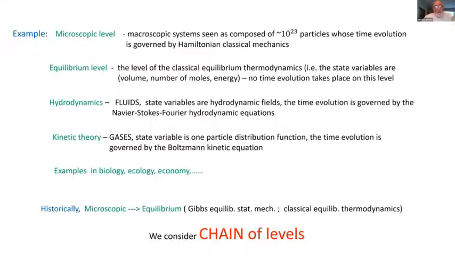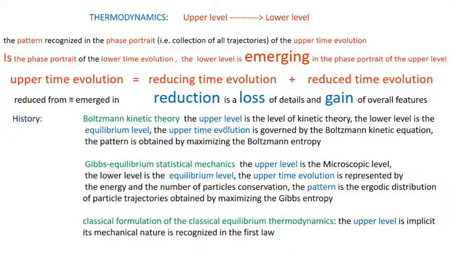The level towards the most microscopic somehow doesn't have an end, because we can go to particles, quantum mechanics, quarks, I don't know. So that's a chain of levels. Thermodynamics, in a general sense, is a passage from upper level to lower level.